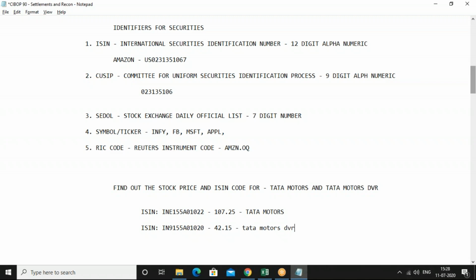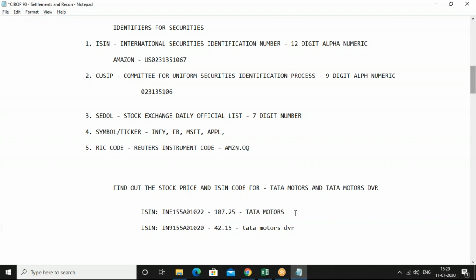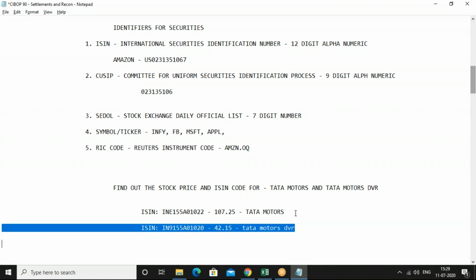Now let's say that guy is a fresher and doesn't know that Tata Motors has two listings, right? And the client actually wanted this 107, but he placed an order for this. Now will the client be very happy with the guy in front office? A client will actually stop trading with the broker, right? So that's why it's important.